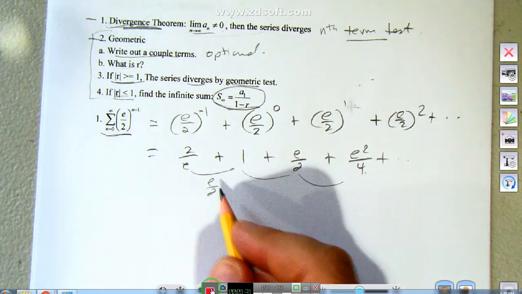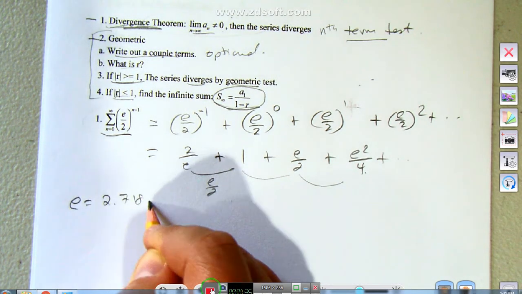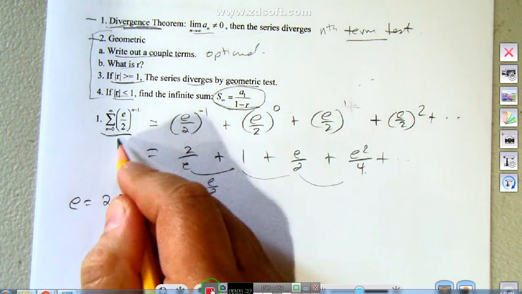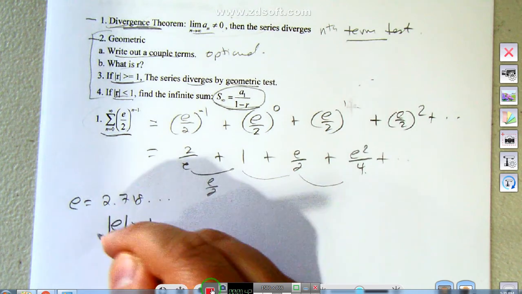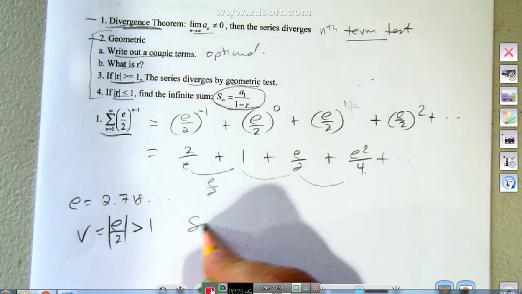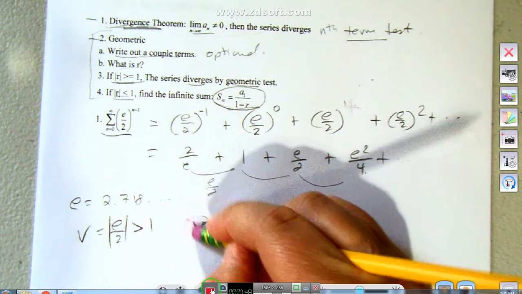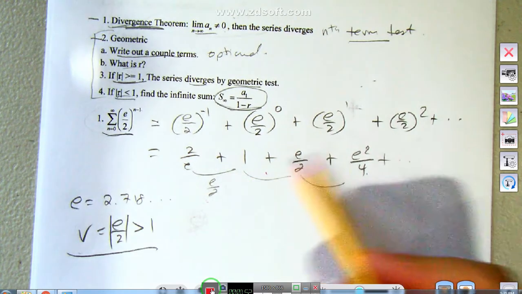So if you don't remember, I do because I'm a nerd. e is equal to 2.718 and so on. Oh, e over 2 is bigger than 1, right? So there's my r. So therefore, my series, so you don't even need to write that. As long as I see this statement here, you don't need to write this stuff up here. This is just helpful.